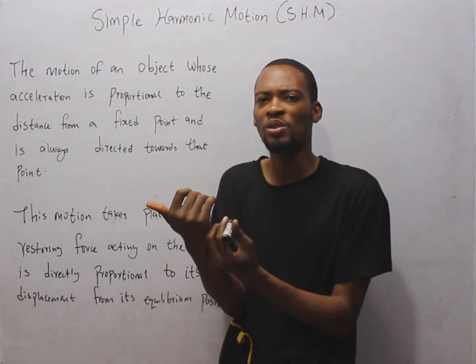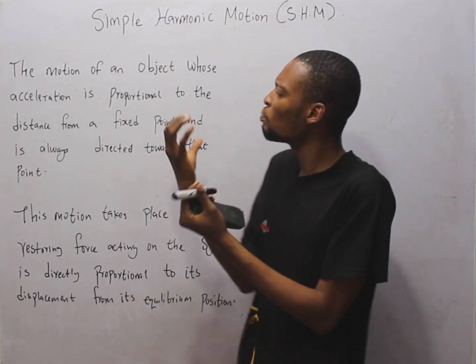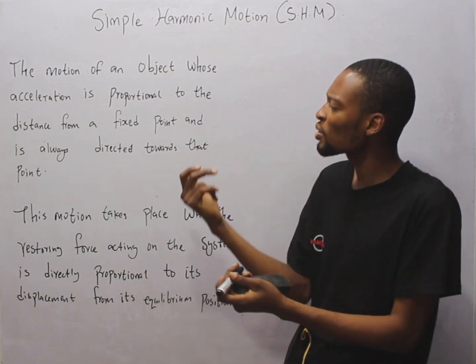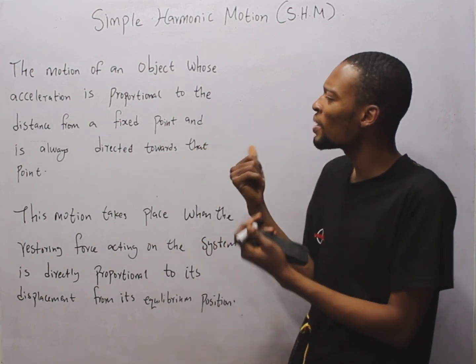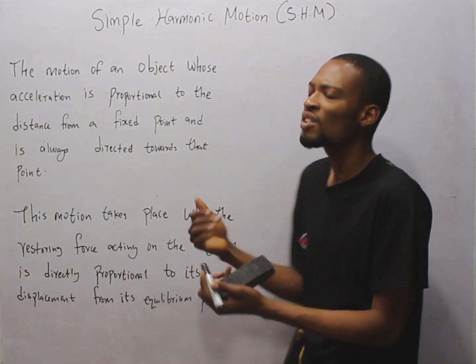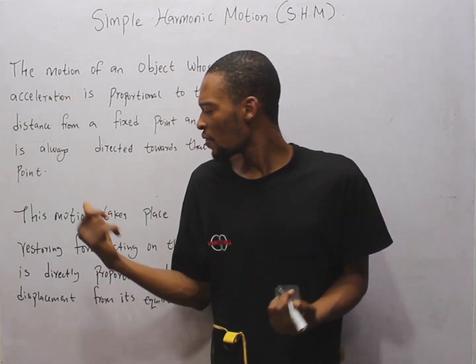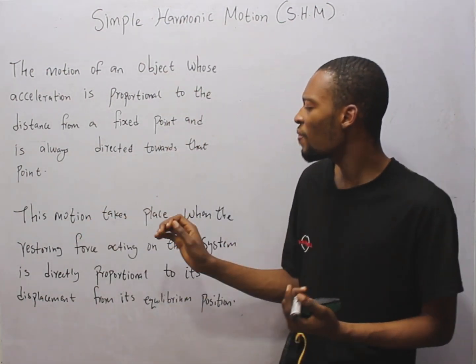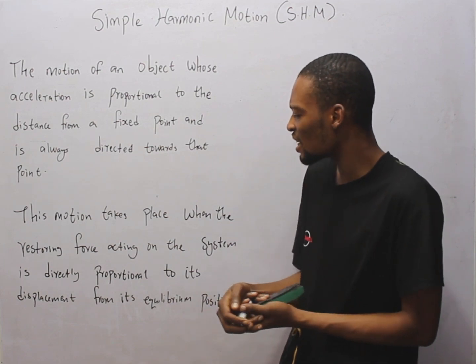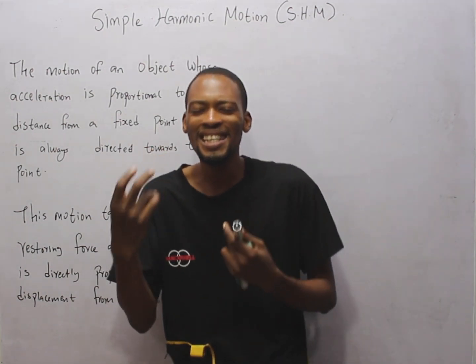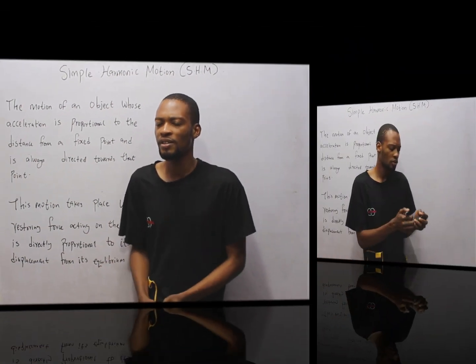Simple harmonic motion can be defined as the motion of an object whose acceleration is proportional to the distance from a fixed point and is always directed towards that point. This motion takes place when the restoring force acting on the system is directly proportional to the displacement from its original point.